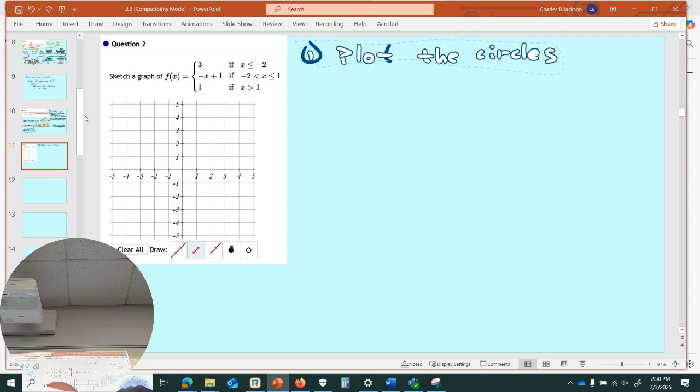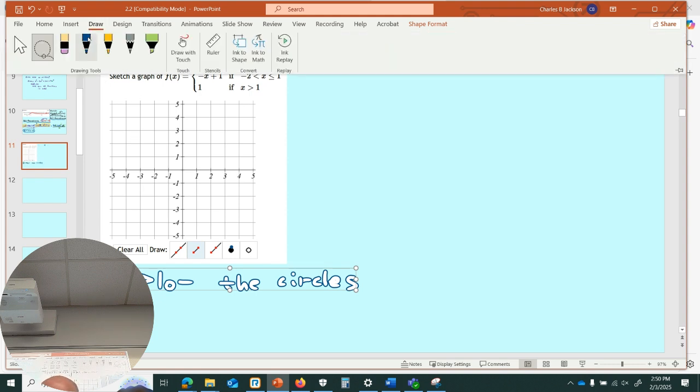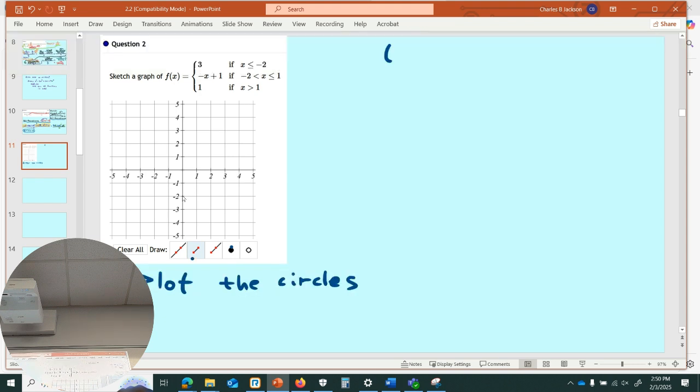Step two is going to be just plot the points. And step three is connect the dots.